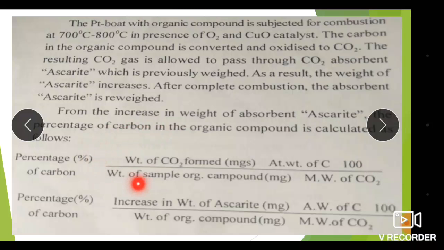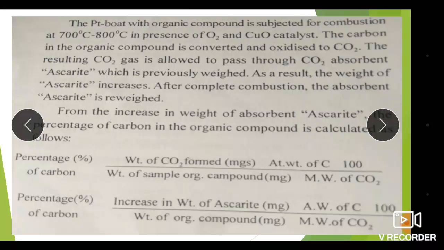With the help of this formula we can calculate the percentage of carbon present in a given compound. Another formula: the percentage of carbon from the increase in weight of ascarite we can write this way: increase in weight of ascarite into atomic weight of carbon into 100, divided by weight of organic compound in milligrams, multiplied by molecular weight of CO2. In this way we estimate the carbon present in the given organic compound.